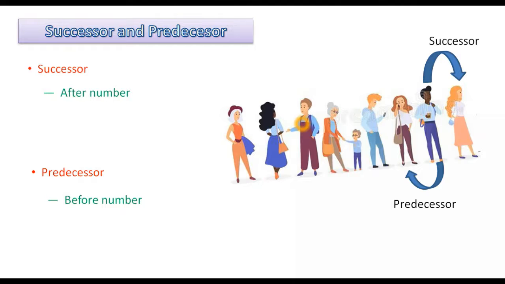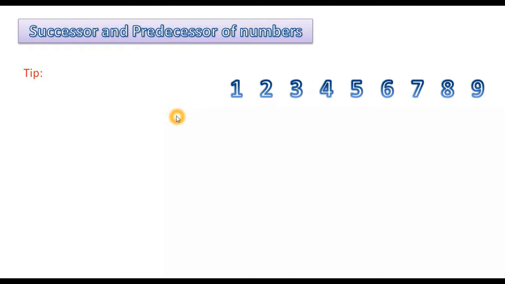So let's now look at the successor and predecessor of numbers. Let's look at these numbers: 1, 2, 3, 4, 5, 6, 7, 8, 9. Looking at these numbers, you can very easily say what the successor of 5 is. Successor of 5 would be 6, right?